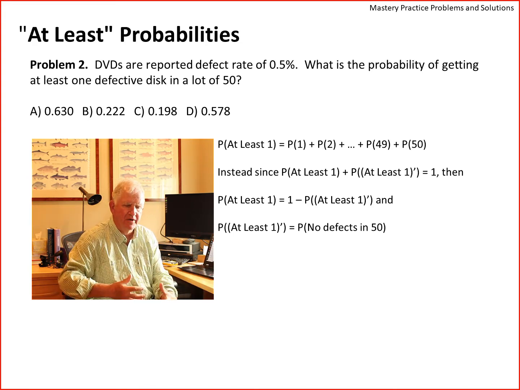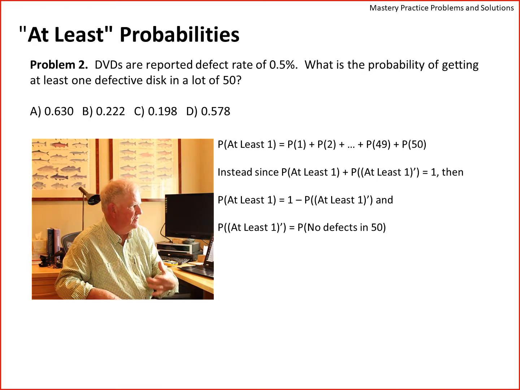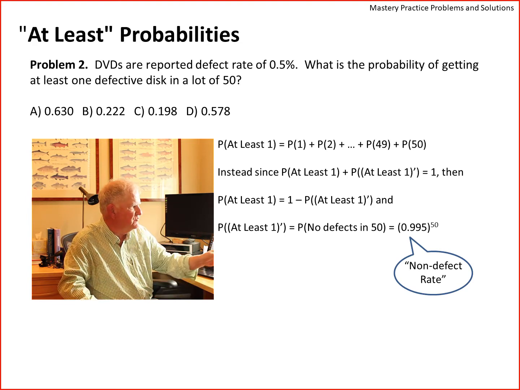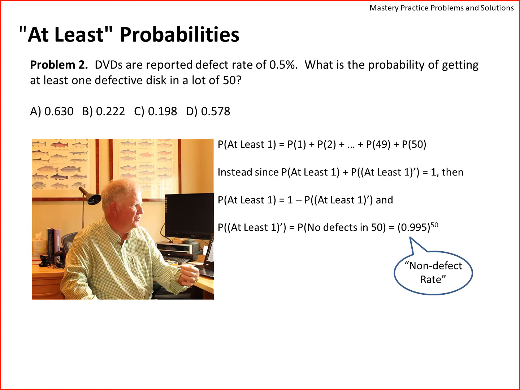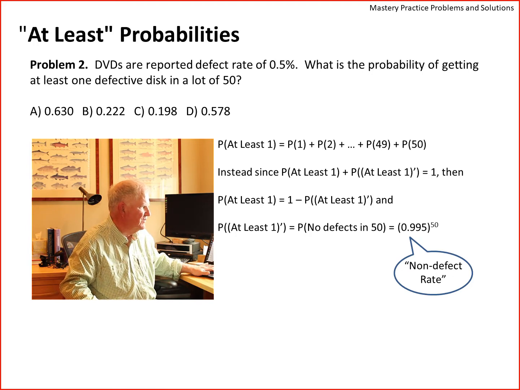Every time I pull one out, there's a 0.995 chance that it's good. So it's 0.995 times 0.995 times 0.995, 50 times, or 0.995 to the 50th, which gives you the probability of no defects within 50.